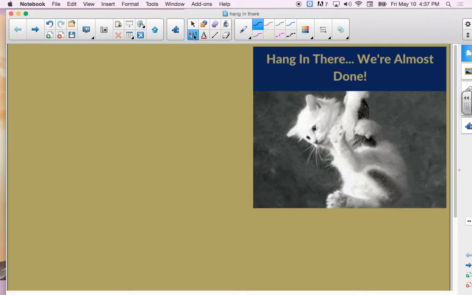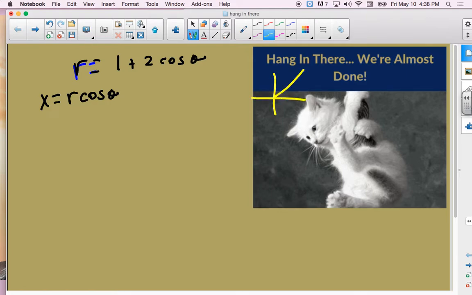Right, so this is a reminder of how to do polar derivatives if you're given r, something like r is equal to 1 plus 2 cosine theta. What you're going to do is remember that x is equal to r cosine theta from your triangle.